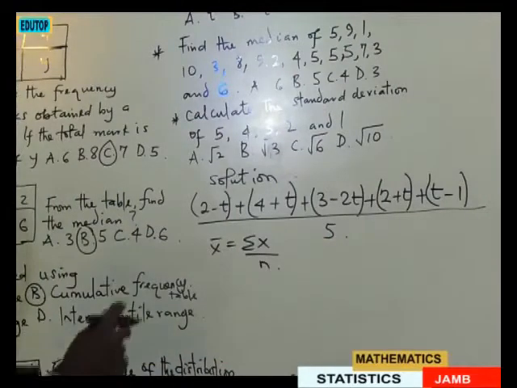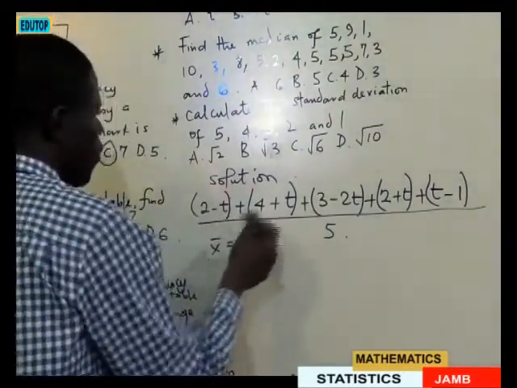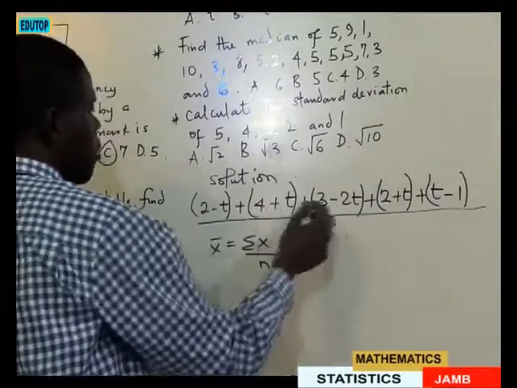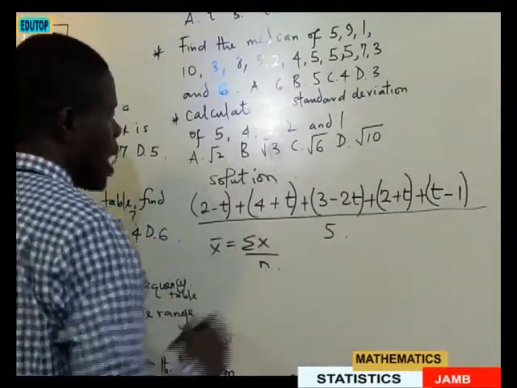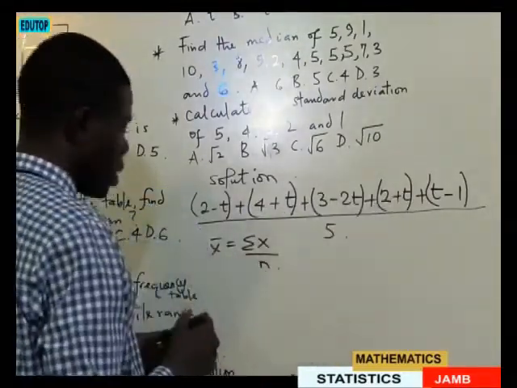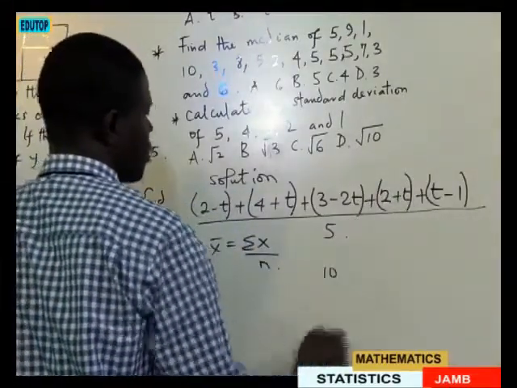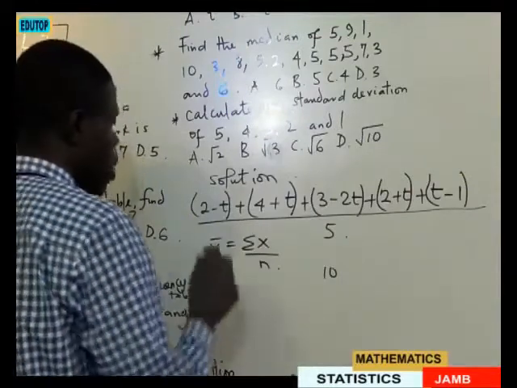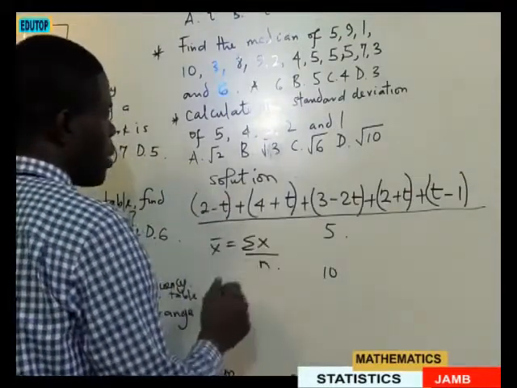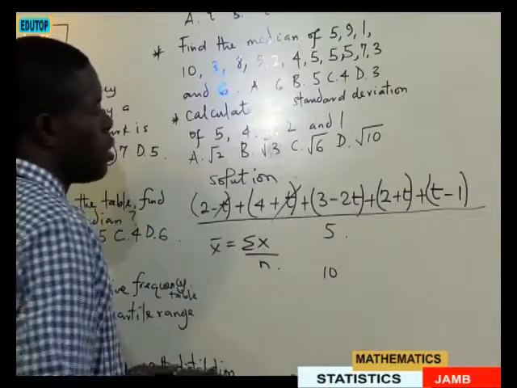So let's be careful now. Let's add the numbers first. 2 plus 4, 6. 6 plus 3, 9. 9 plus 2, 11. 11 minus 1, that is 10. Then we have minus t plus t, that cancels out.